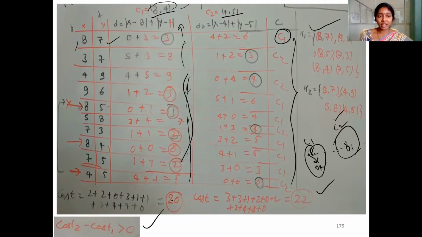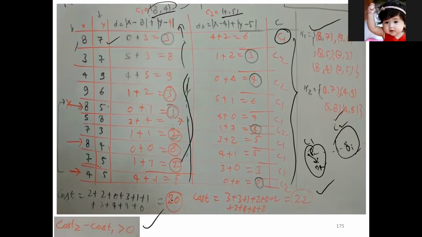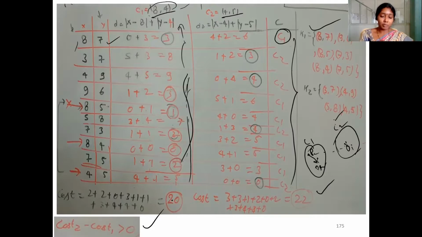That means you need to backtrack and select another representative, that is, another medoid, instead of 8,4. Backtracking means we no need to consider these generated distances and these newly generated clusters.